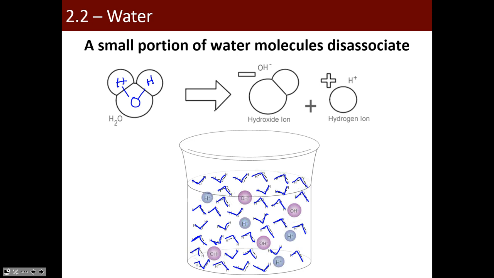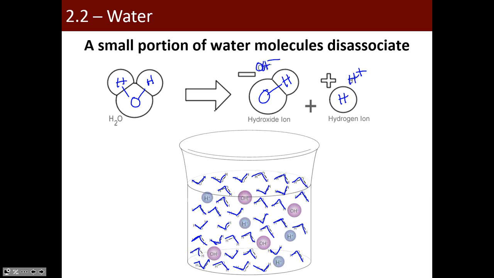So that water molecule can disassociate in a chemical reaction to become a hydroxide ion, which is OH minus, and a hydrogen ion, which is H plus.